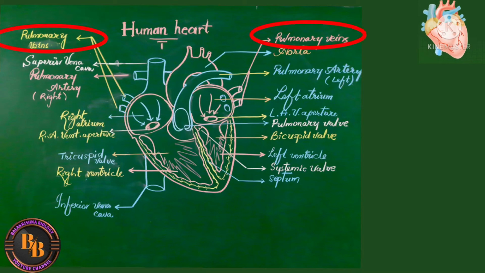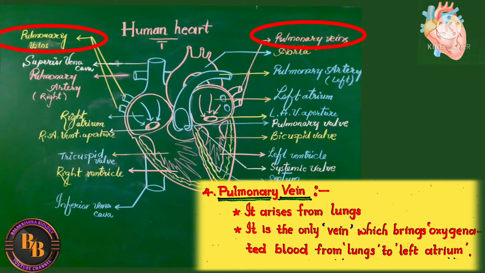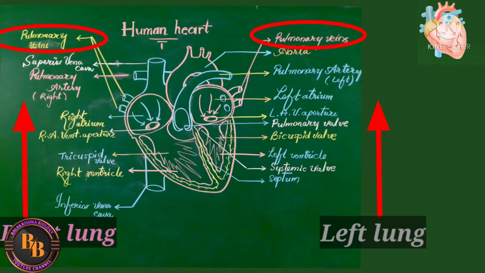Next, the pulmonary vein. This blood vessel arises from the lungs, or it starts from the lungs. It is the only vein which brings oxygenated blood from the lungs to the left atrium.